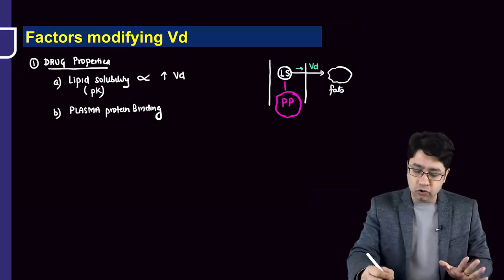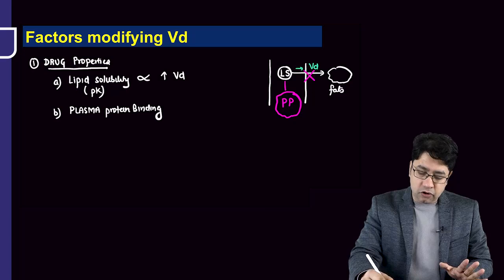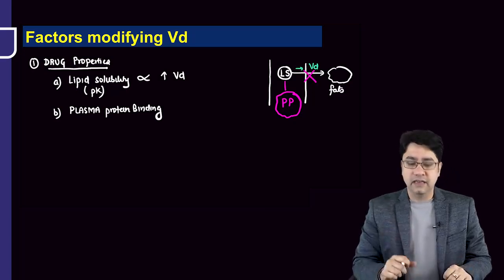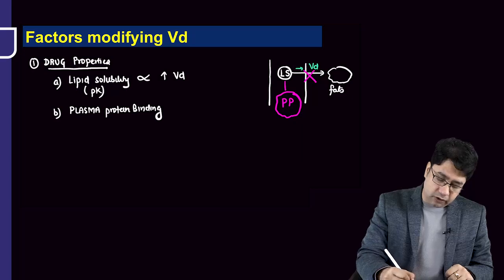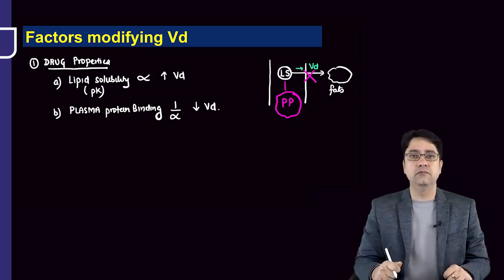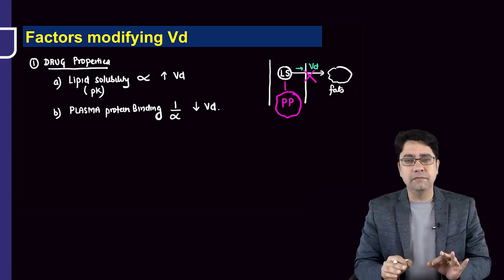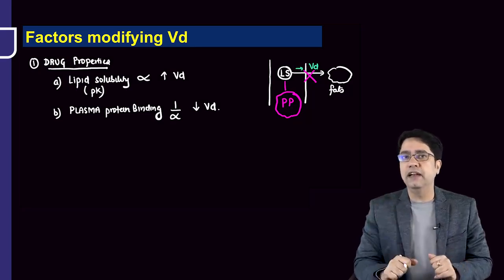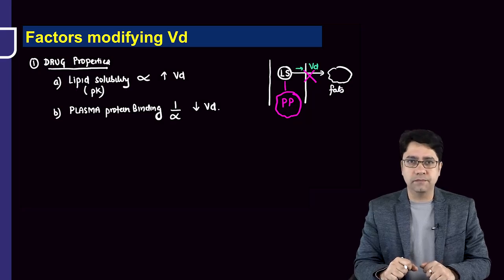The answer is no. The drug will not move outside. Hence, if there is more plasma protein binding, it will decrease volume of distribution. So plasma protein binding is inversely related to volume of distribution.